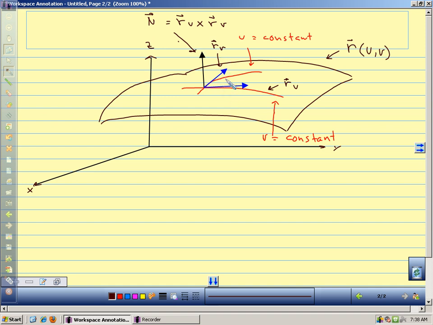So these are our tangent vectors, the normal vector is given by their cross product, and our little element of surface on our parametric surface has area equal to the magnitude of the cross product times delta u delta v.